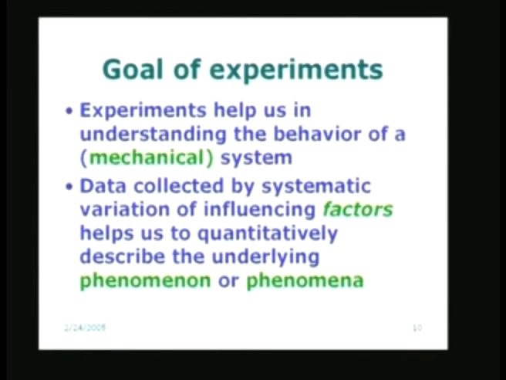What we do in an experiment is collect data by systematic variation. I am going to introduce some words which are going to occur again and again in the design of experiments. One of them is influencing factors, which is a fancy name for the independent variable. You remember y equal to f of x: x is varied independently, and x is a factor.